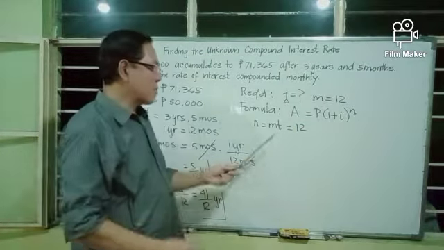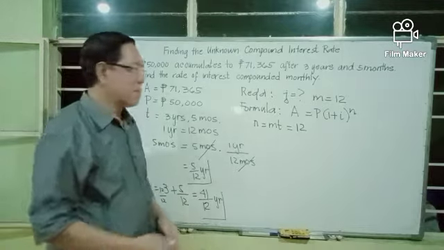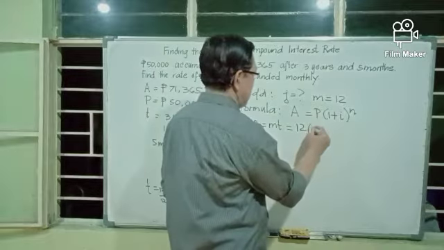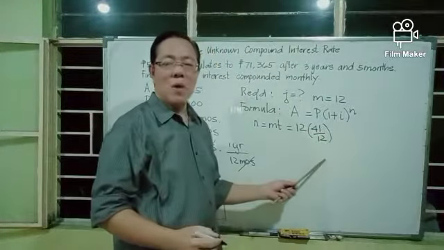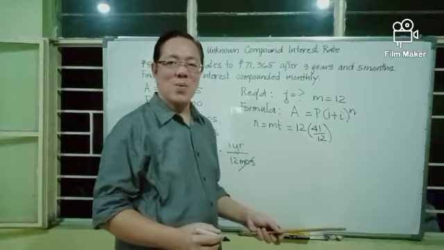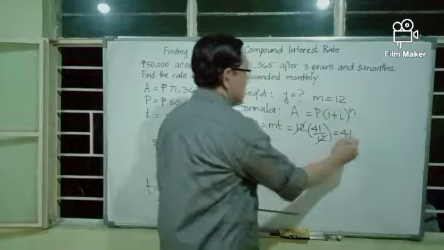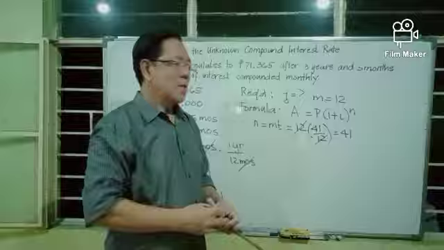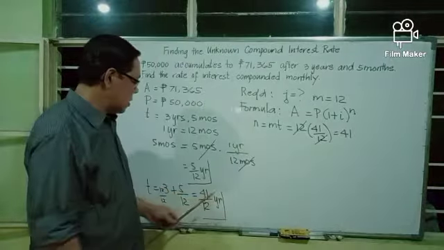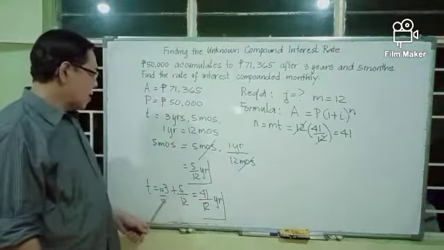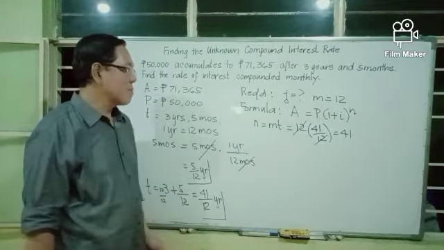In our example, the number of conversion periods in 1 year is 12. And our time t in years is 41 over 12. And 12 over 12 will cancel out because it is equal to 1, and we get 41. The interest will be computed 41 times over the period of 3 years and 5 months, or 41 over 12 years.